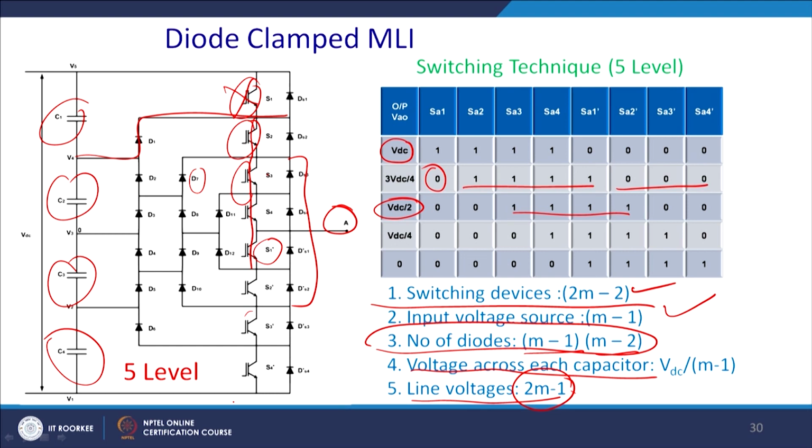Similarly, for D4 you will get that, and if you wish to get 0 voltage, then the lower switches should be on, and ultimately this point is connected to this point, and it is assumed to be the 0 voltage.